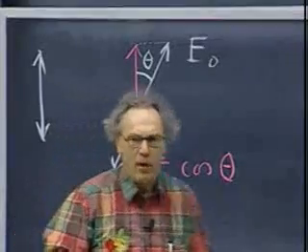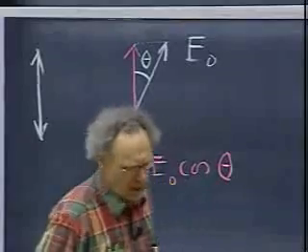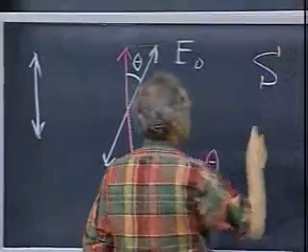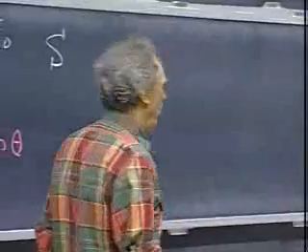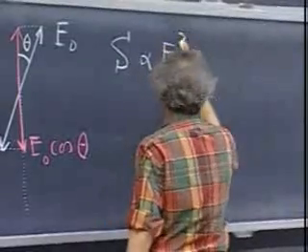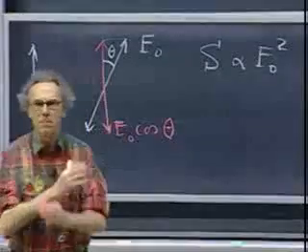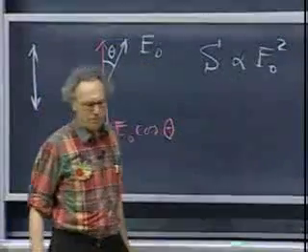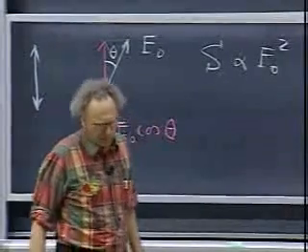If you ask me now whether the light is reduced in intensity, I would have to say yes, of course, because light intensity depends on the Poynting vector, and the Poynting vector is always proportional to E0 squared, because the Poynting vector is the cross product between E and B. And if E is reduced, B is also reduced. And so we get a cosine squared reduction.